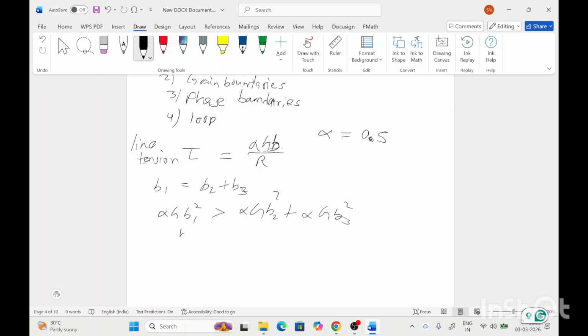If we take it common, B1 square should be greater than B2 square plus B3 square. Then only the dissociation of the dislocation happens. So this is the energetically favorable condition for dissociation.